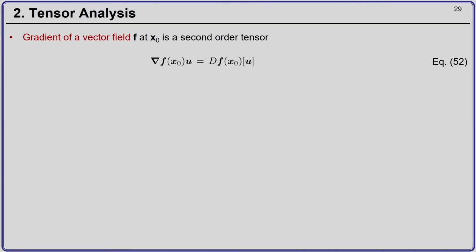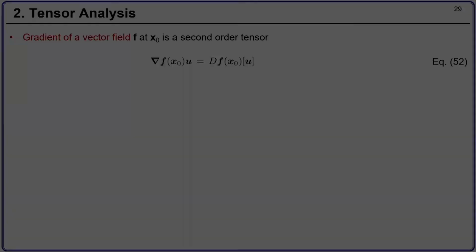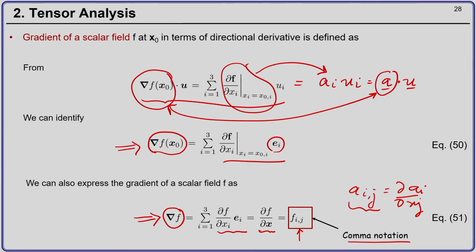Moving now from scalar to vector field. For example, let us say we have a velocity field. So, for a vector field, the gradient of f at x 0 will be a second order tensor. If you had seen closely equation 51, the scalar field f was free of index, but now you have one index which comes.